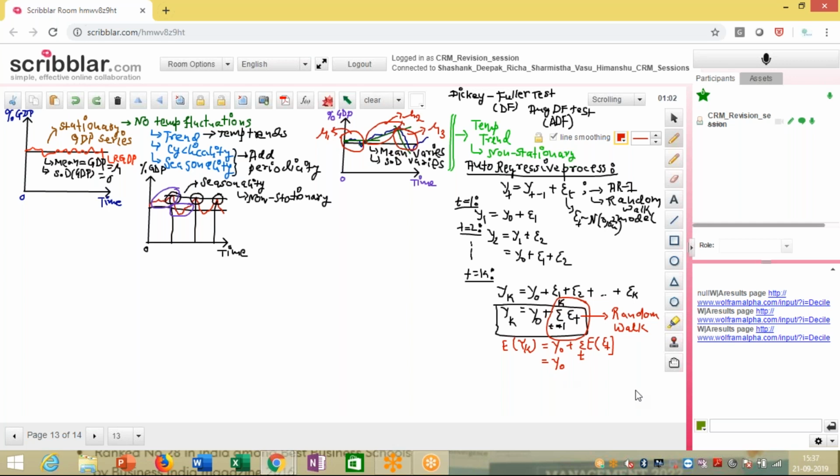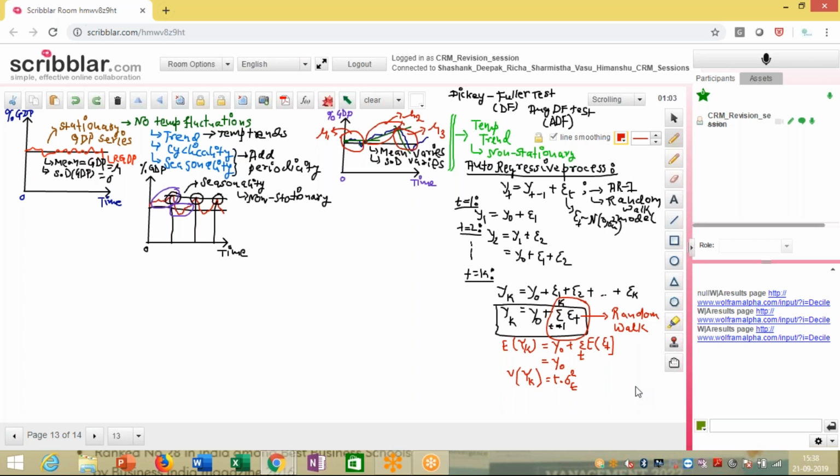And what will be the variance of this series? The variance of yk equals t dot sigma square e.